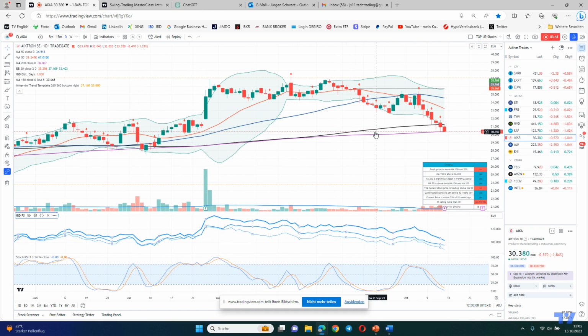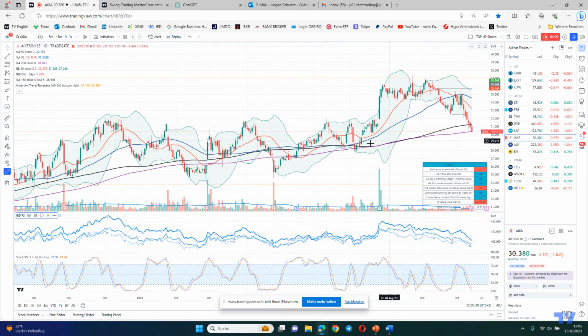But now what we're seeing are a couple of violations. So, for example, the first violation is that the price action broke the 50-day moving average. Now, more recently, it broke the 150-day moving average, and it's just about to also break the 200-day moving average resistance line. And then also you can draw a support or resistance line here at 32.